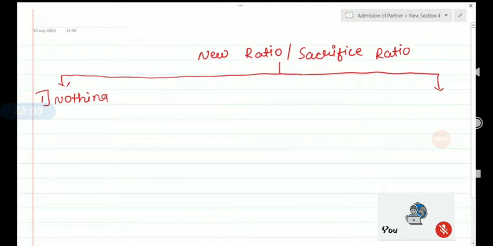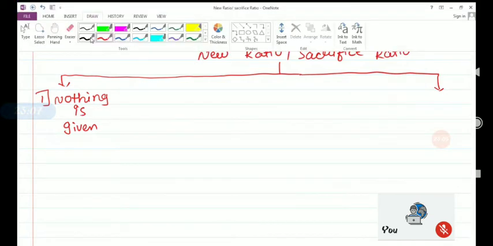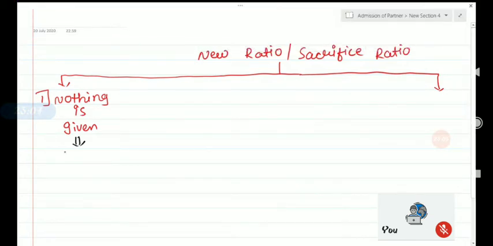Simple, nothing is given. Then new ratio equals to old ratio. Sorry, hey Bhagwan. Then at such point of time, old ratio equals to sacrifice ratio.